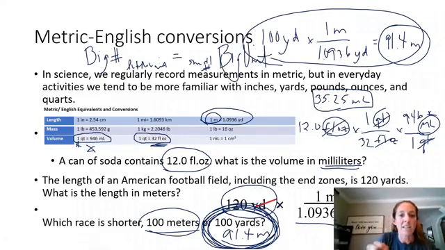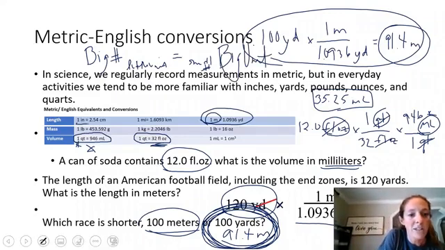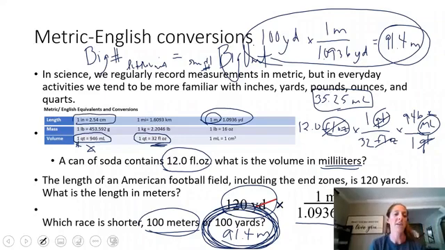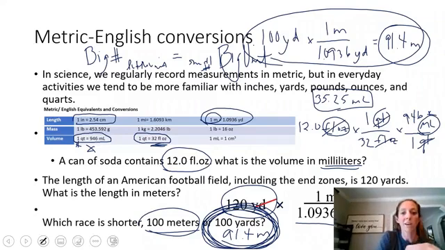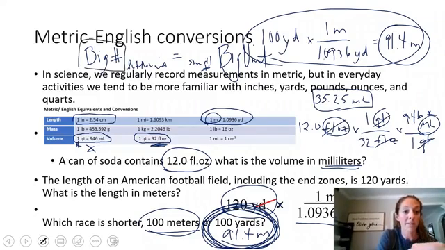So let's look at that and look at my inches and centimeters as an example. If I said, which unit is bigger, inches or centimeters? Well, which one is my bigger number? Is 1 bigger or is 2.54 bigger? 2.54 is bigger, right? So centimeters would be a littler unit.